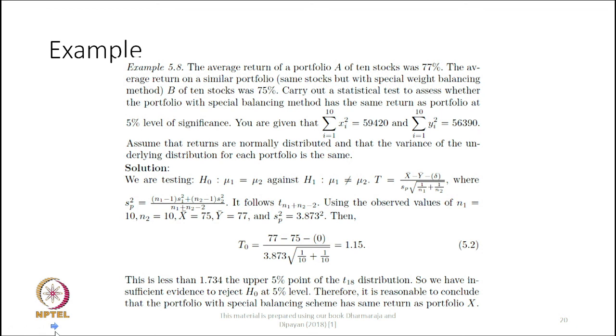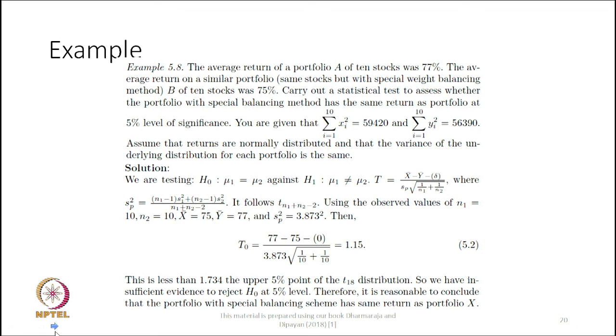Therefore, you can find the table value for t with n1 plus n2 minus 2 degrees of freedom. You will get the t naught value as well as the table value. Then you can compare for the t distribution of t18 with the 5%.